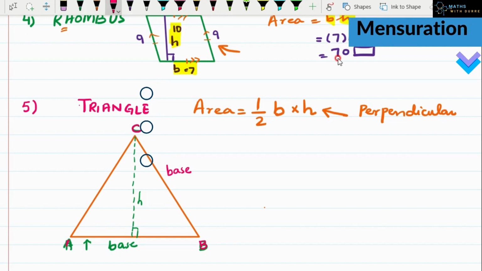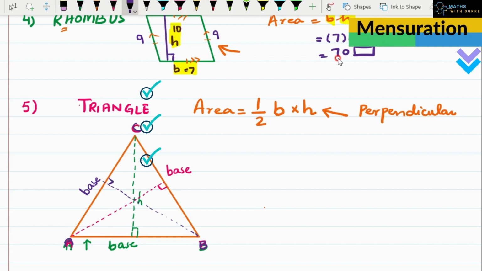The third point is A here. So the height should come from this point and it should be at 90 degrees. What if I consider AC as the base? The third point is B here. So the perpendicular should come from B.